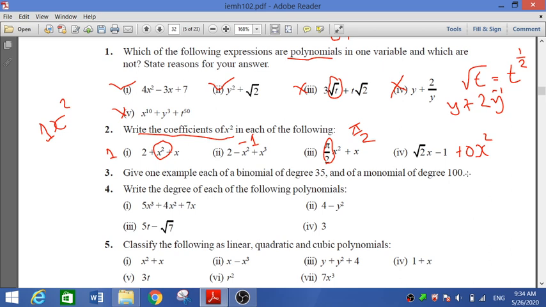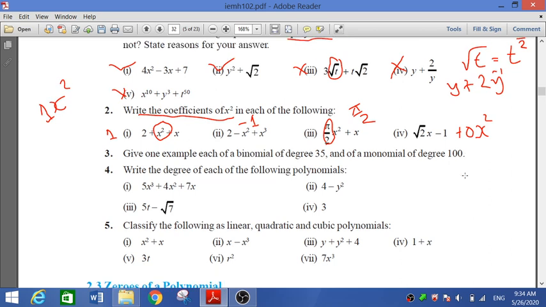Now we want to try the third. Already yesterday we discussed this, binomial of degree 35. What is the meaning of binomial? Binomial means two terms. So I can write x to the power 35.